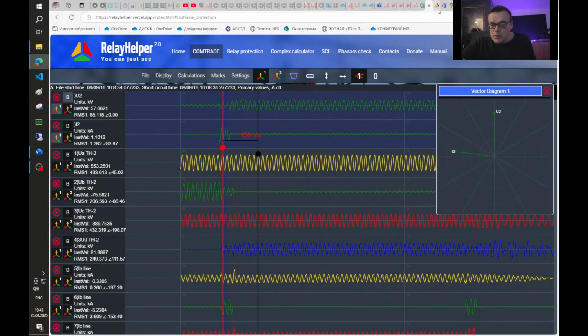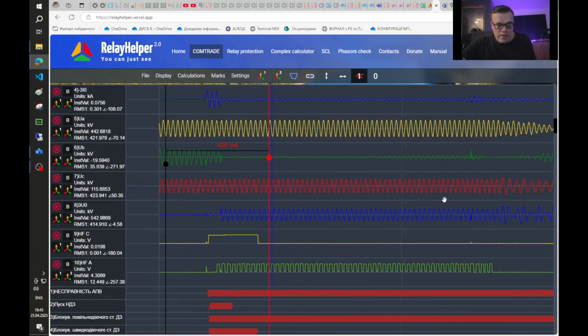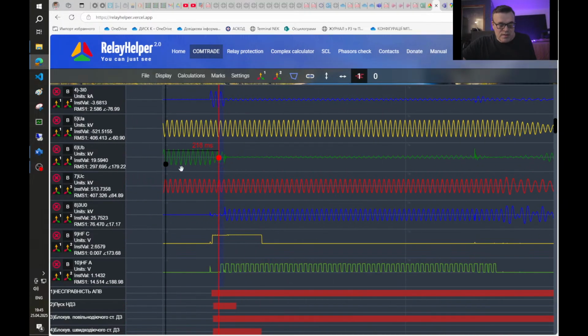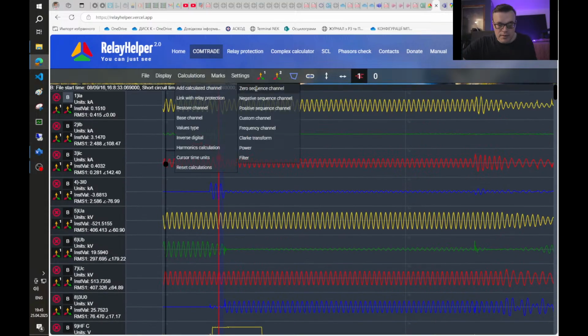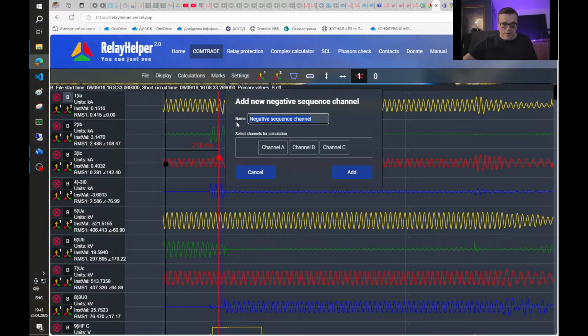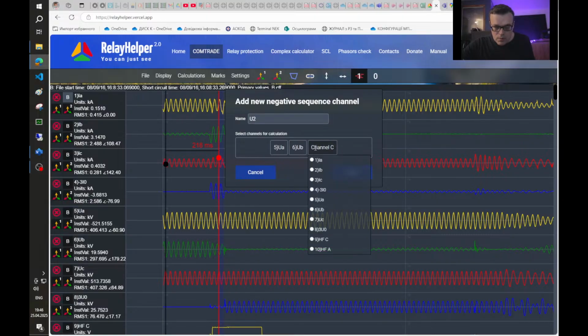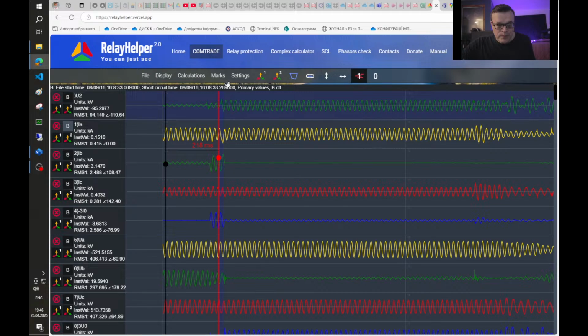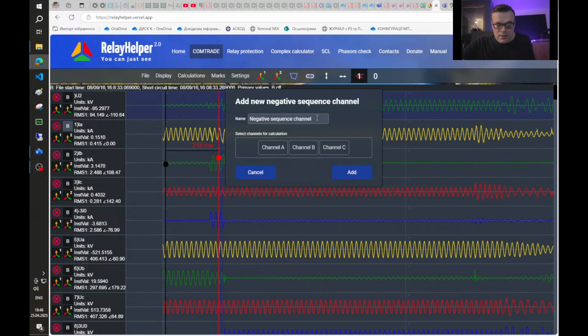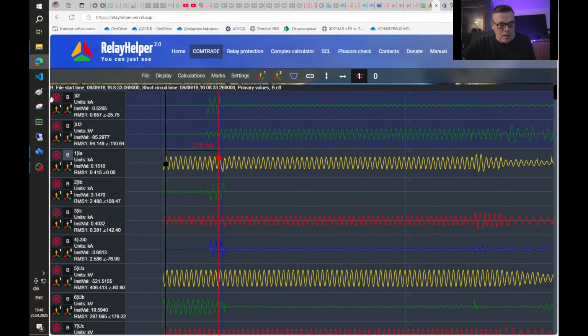And I can also show it from the substation B side. Let's calculate parameters from that side. Let's start with voltage, UA, UB, UC, and then negative sequence current, IA, IB, IC.